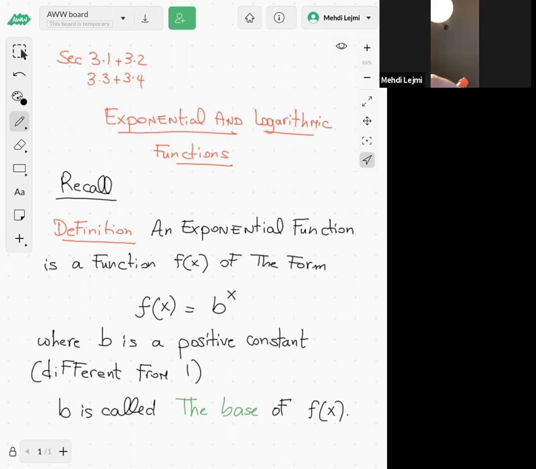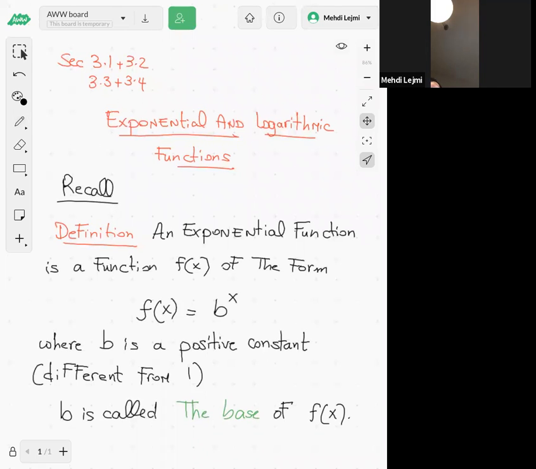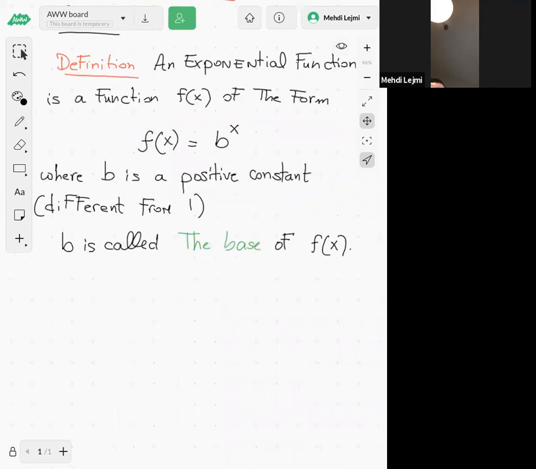I think we discussed some examples yesterday. We discussed some properties of this exponential function and its graph. Just to remind you, f of 0 is always equal to 1, because b to the 0 is 1, right?